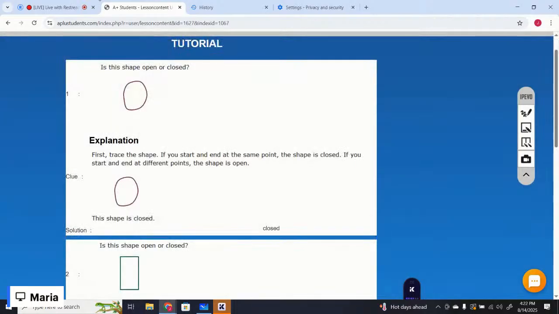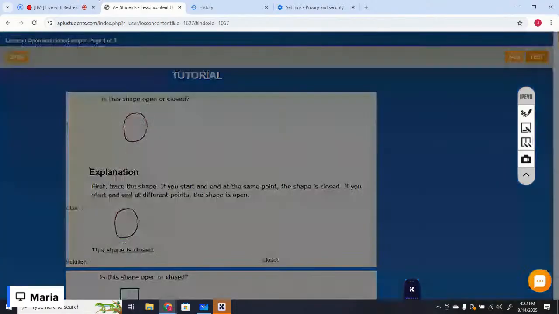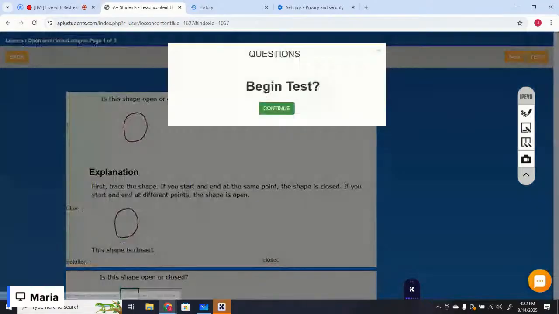If you start and end at the same point, that means the shape is closed. If you start and end at different points, the shape is open. Let's just start with the test questions.